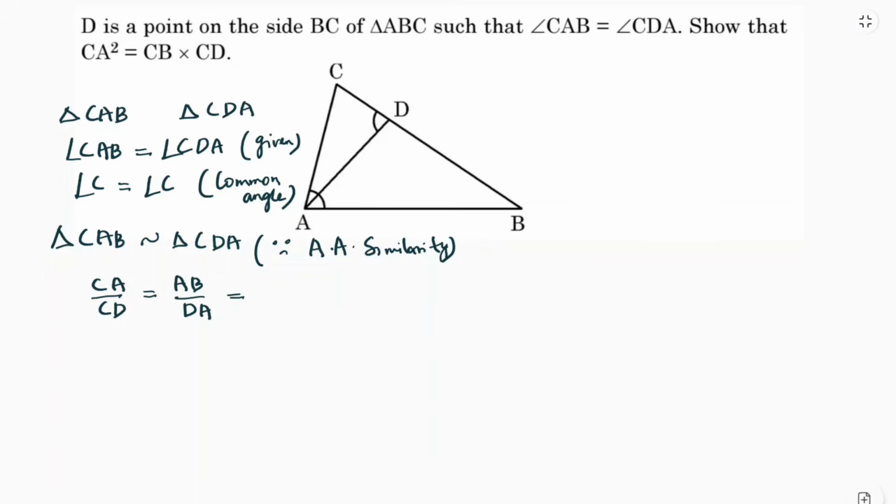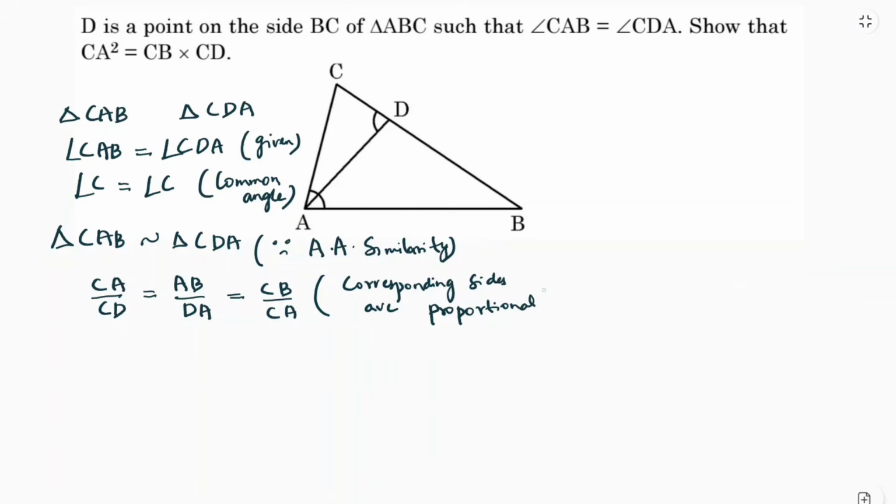Then I'll take CB by CA. CPST, corresponding parts of similar triangles. So here corresponding sides are proportional.